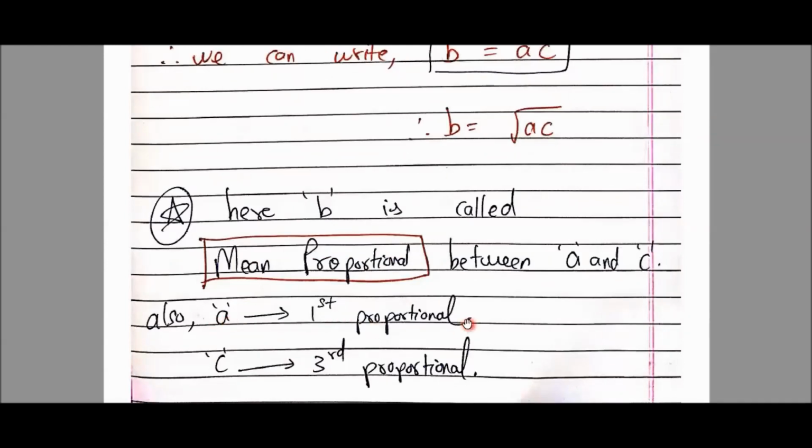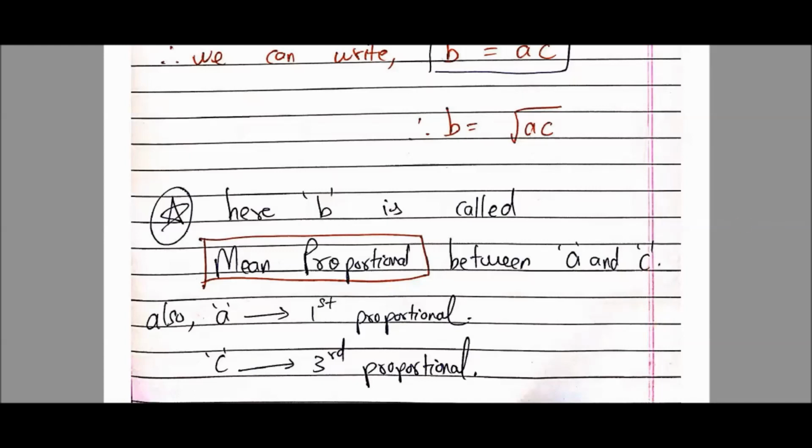And A is called as first proportional, C is called as third proportional, because the sequence is A, comma, B, comma, C. Now I want to tell you all students, whenever in any of the sums they give you three variables, for example A, B, C, and if they say that three numbers or three letters are in proportion, then by default it should be at the tip of your tongue that the middle one is mean proportional.